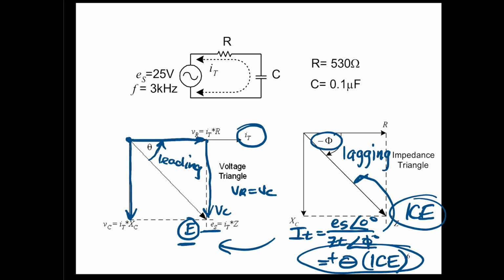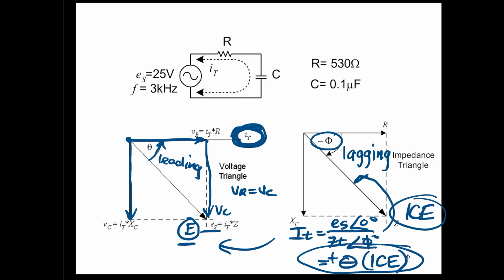Now, how did I know where to find current? How did I know current would be right here? Well, don't forget, VR and current are always in phase. You can never change that. There's always a 0 degree phase shift between resistor current and resistor voltage. So in this series circuit, that I total value, which is the same for all components, will be found right here in phase with VR.